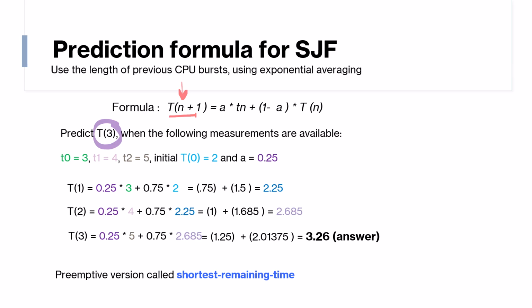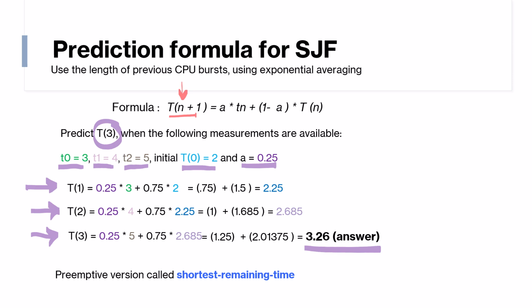In order to get T of 3, you have to have the 0th burst, T of 1 burst, and the T of 2 burst. You also have to be given T of 0, so then you need to have A. So A is going to multiply times the previous burst. So at 0.25, the previous burst is a little less important than the averaging of all of the previous bursts. You calculate T of 1, then you calculate T of 2, and then you use T of 1 to get T of 2, T of 2 to get T of 3, and the answer is 3.26.